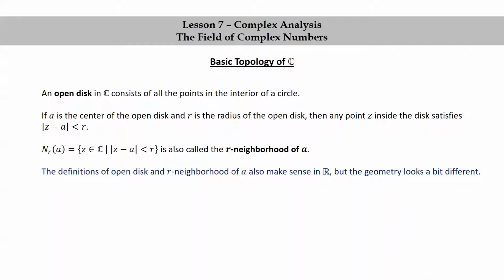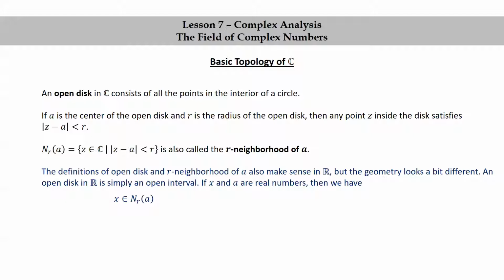The definitions of open disk and r neighborhood of a also make sense in R, but the geometry looks a bit different. An open disk in R is simply an open interval.